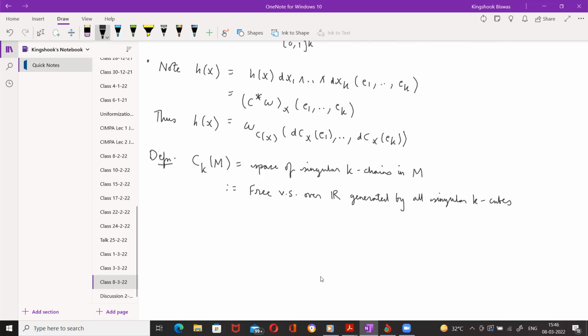So here we're taking formal linear combinations of singular k cubes in M.